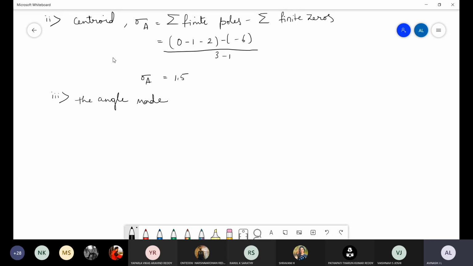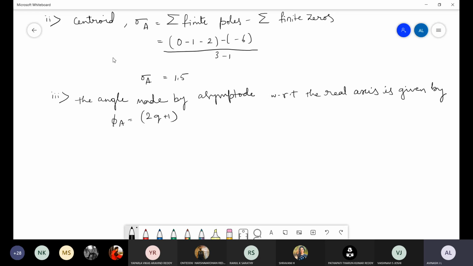The angle made by asymptotes with respect to the real axis is given by phi a equal to (2q plus 1) into 180 degrees divided by P minus Z. That implies the q value will be 0 and 1, because there are only 2.